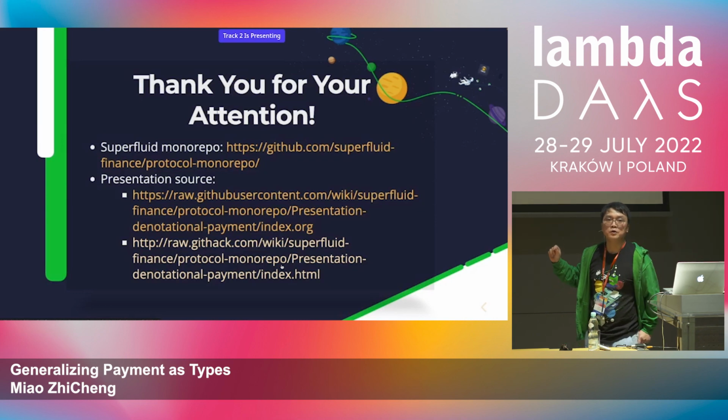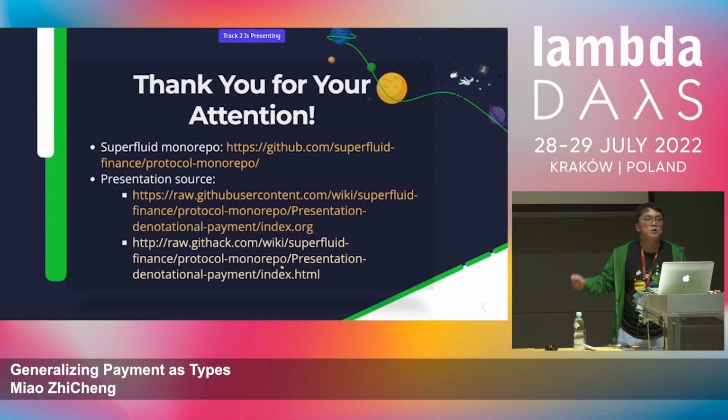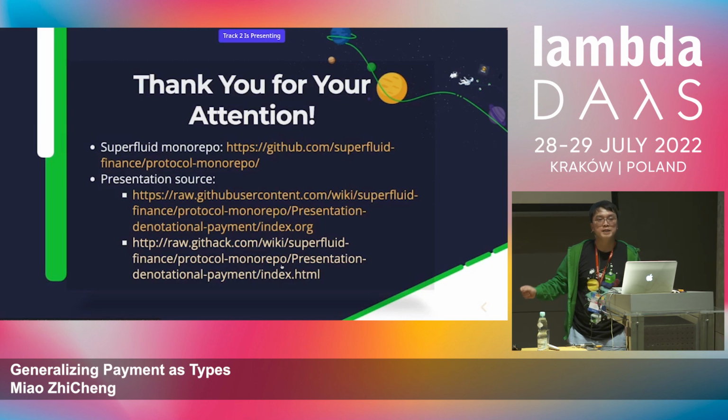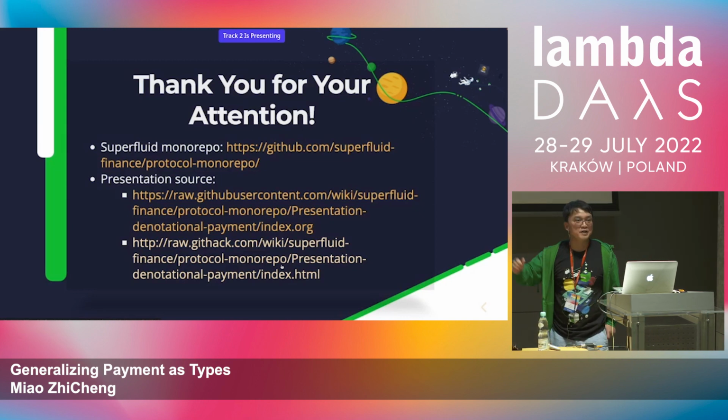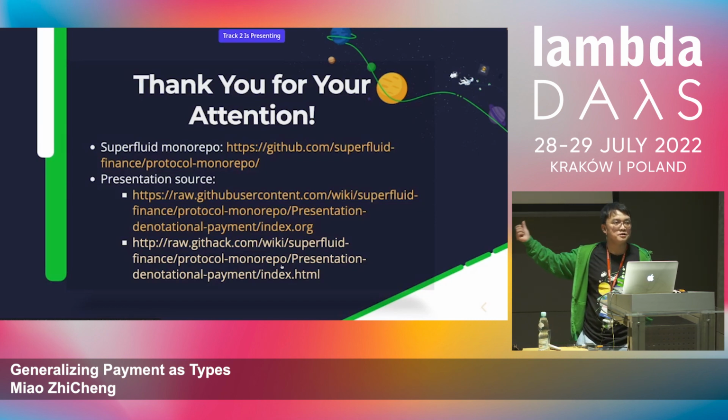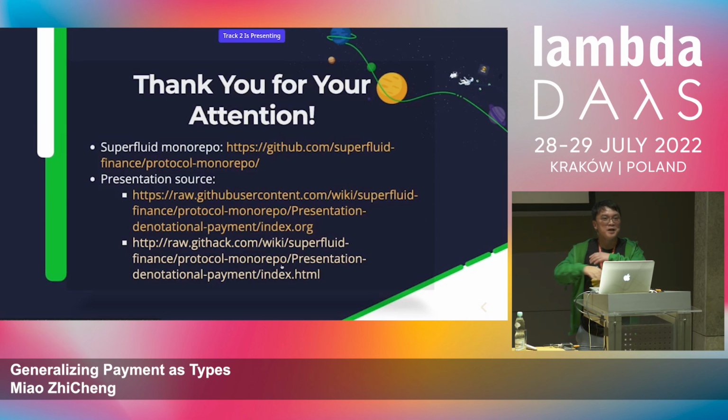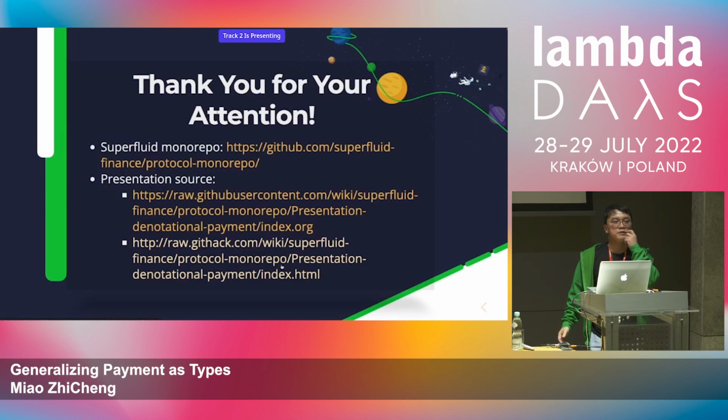You can also go to docs.superfluid.finance to learn more about our Ethereum implementation. But if you like Haskell and all this stuff, come to our monorepo. Maybe you want to port this to, I don't know, maybe Cardano or whatever. There's a lack of resources at the moment, so if you want to contribute to an open source project, come to our monorepo.